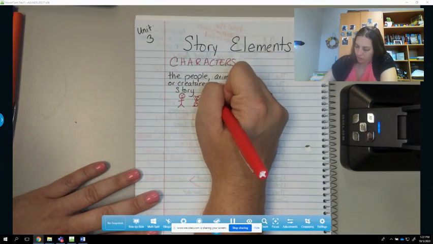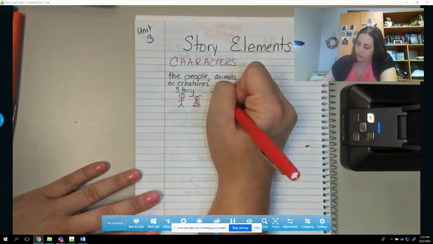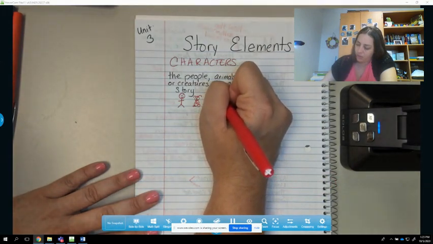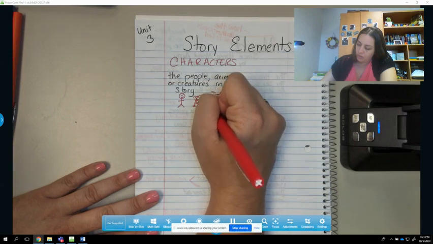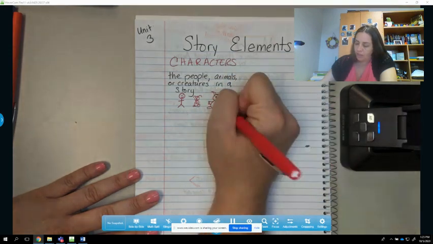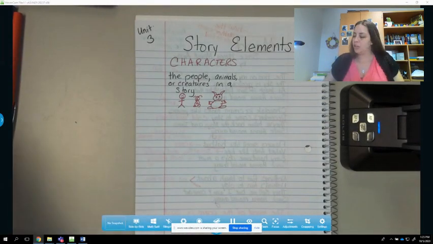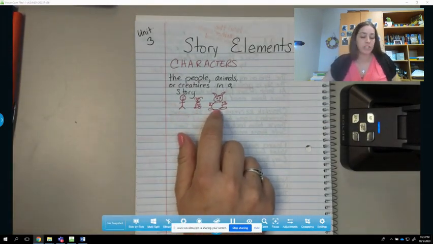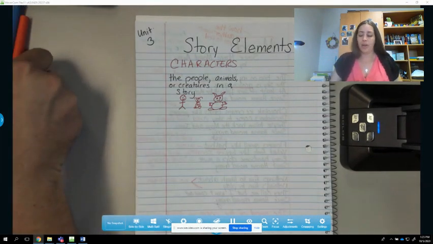Maybe from like Monsters, Inc. There's some horns, big eyes, mouth. He looks a little angry. He's angry because he's got duck feet or something. I don't know. All right, so here is our people, our animals, or our creatures in a story that basically tell us what the whole story is about.